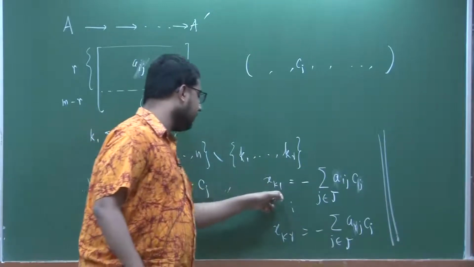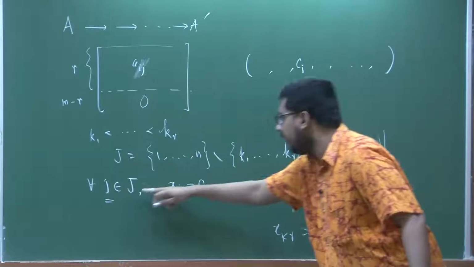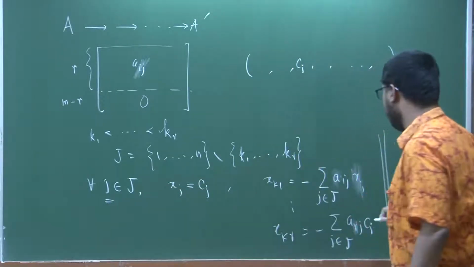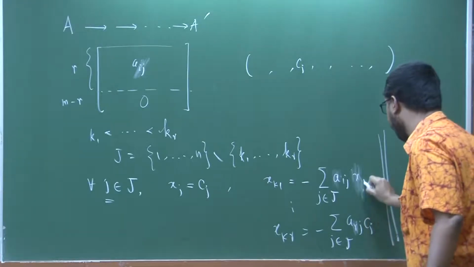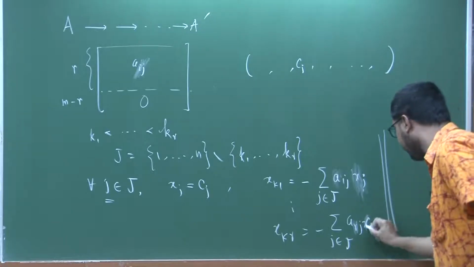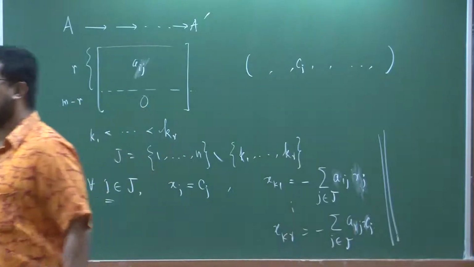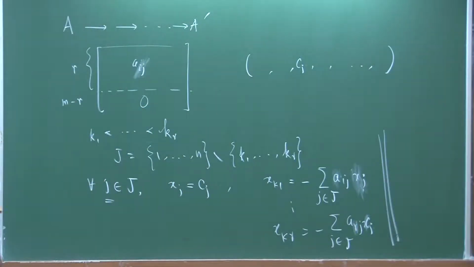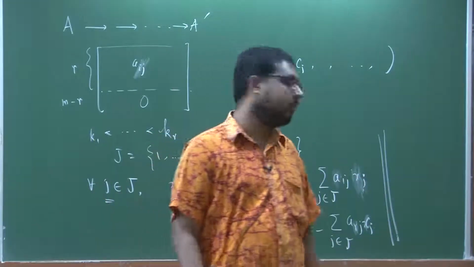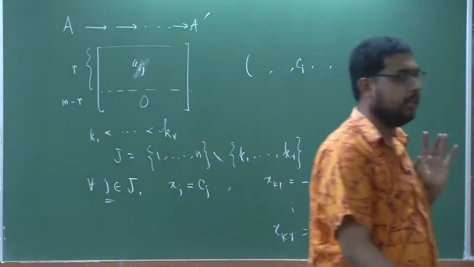The variable xk1 is connected to the variables xj, where j lies in J, by the equation, and similarly for the others. Since the variables are connected like this, the value of xk1 has to be a combination of the values of xj like this. That shows these are all the solutions, which we have seen already.